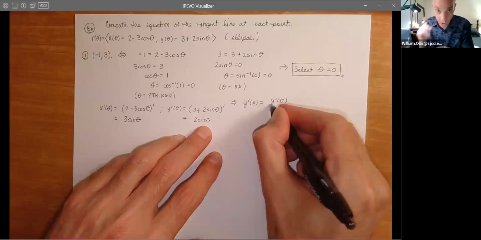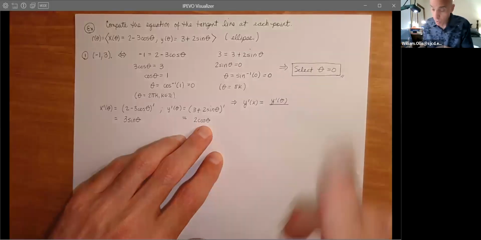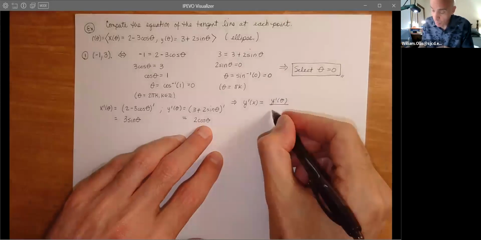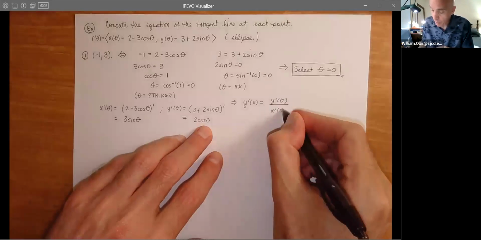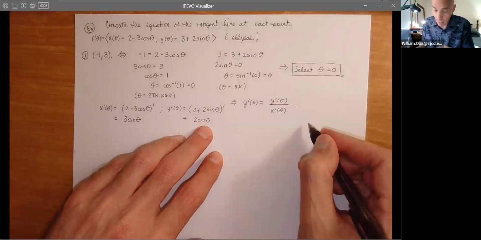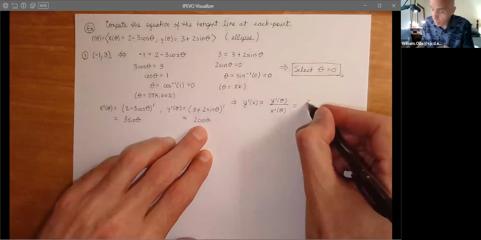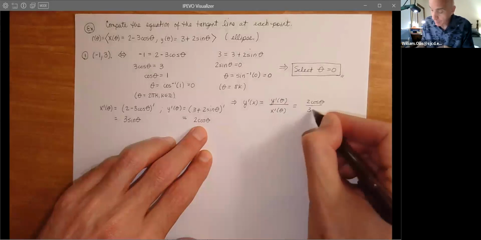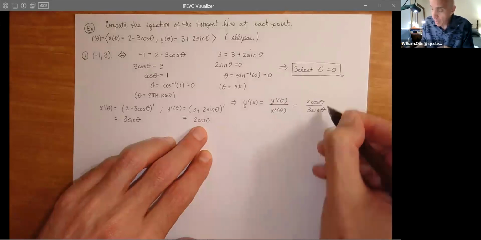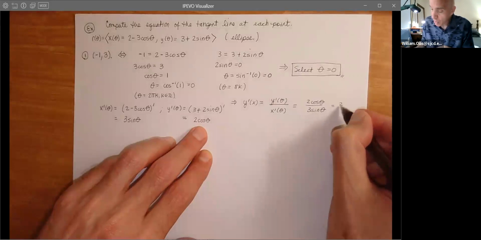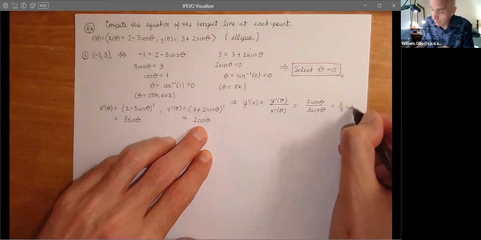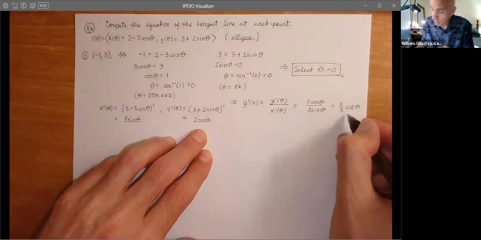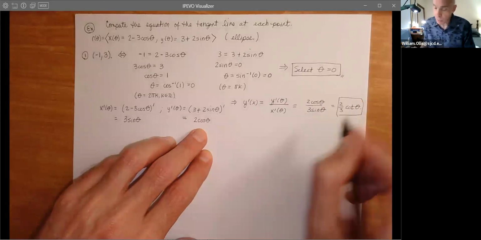Now, of course, ladies and gentlemen, instead of the t, we're using the theta. So just be wary of that if you want to write this in. So this will be 2 cosine theta divided by 3 sine theta. If you like, that's just 2/3 cotangent theta.